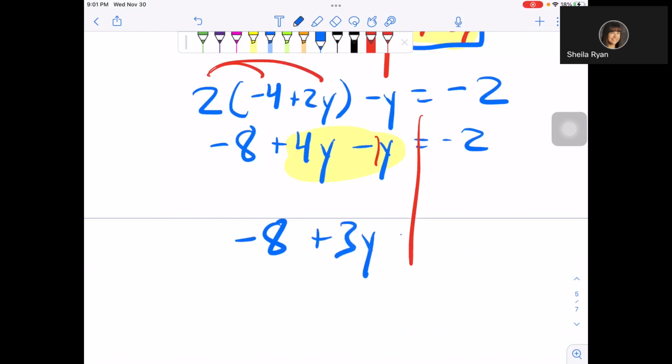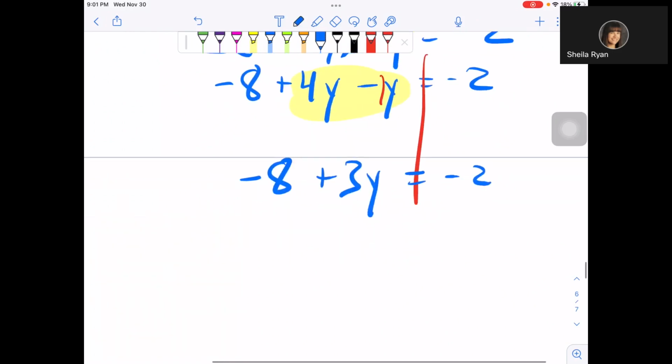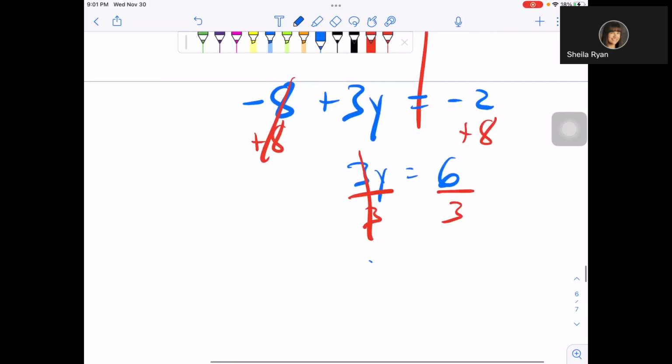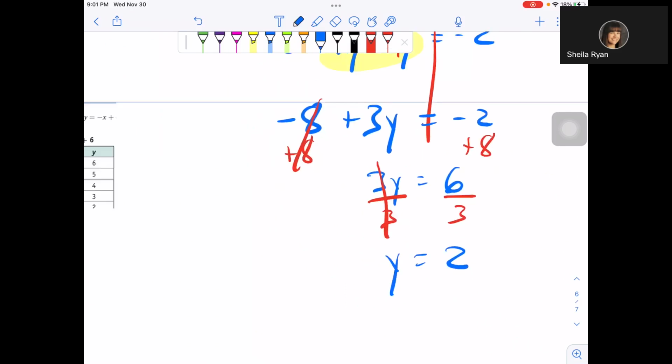So I'm grouping those together. So I have 3y. Keep solving, isolating the y. I would do a +8 and +8. -2 plus 8 is 6. And finally, divide by 3, divide by 3. And we get 6 divided by 3, which is 2.